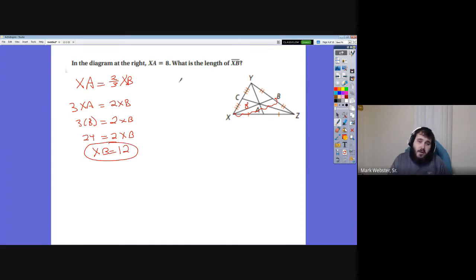Another way you could do it is you could be like, all right, well, XA is 8. Ooh. This one is half of this one, right? 2 times the small one equals the medium one. If this is 8, this had better be 4. So what's the whole thing? 12, right?